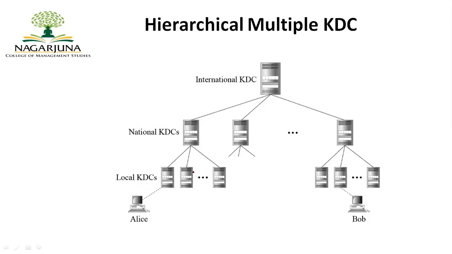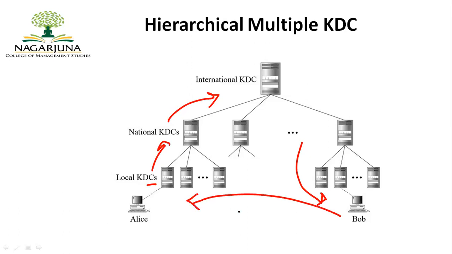If Alice and Bob are in two different countries, Alice sends a request to her own local KDC, which relays the same request to the national KDC, and this national KDC will forward the same request to the international KDC. The request is then relayed all the way to the local KDC of Bob, so that an exchange happens between Alice and Bob with the help of KDCs.